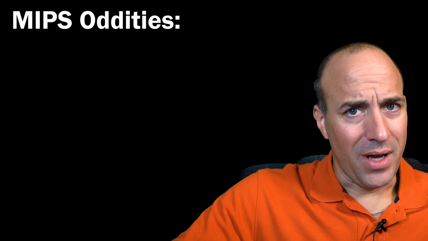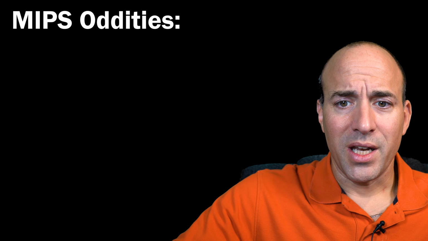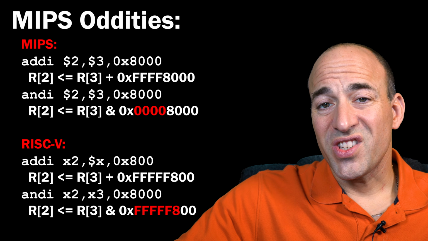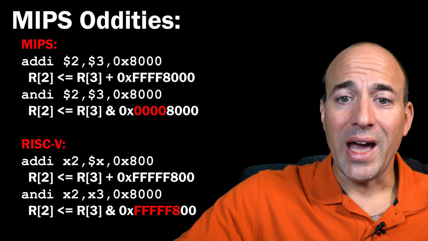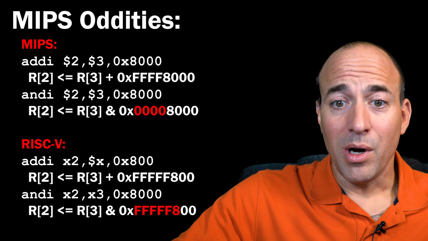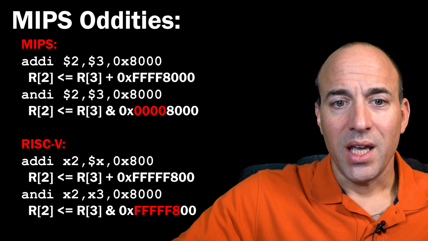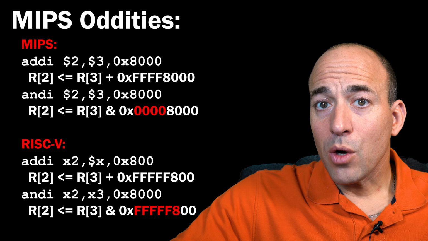You might remember the following strange things about MIPS from CSCE 212. MIPS treats immediate values differently depending on the instruction in which you use them. MIPS will sign extend the immediate in the addi instruction, but will zero extend the immediate in the andi instruction.